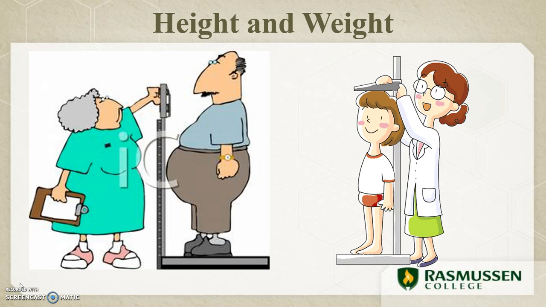Then you'll place the L-shaped bar on top of their head, not on top of their hair, especially for women who tend to wear their hair on top of their head. Make sure that you're putting it on their head, not their hair. And when you're recording a height, it is always put in inches. You do not use feet and inches anymore. So for example, instead of being 5'2", a patient would be 62 inches.